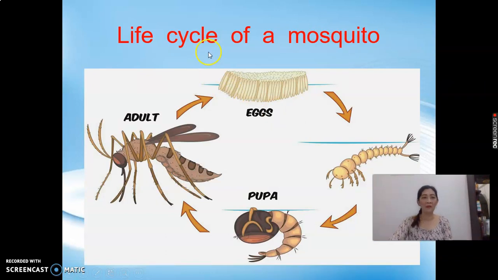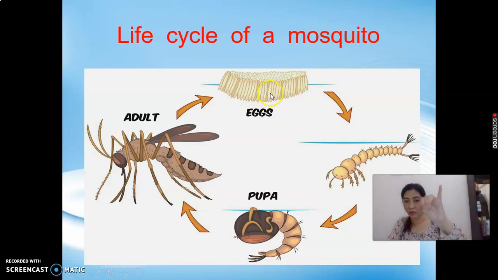Next is life cycle of a mosquito. Mosquito. The life cycle of mosquito is, first is egg.